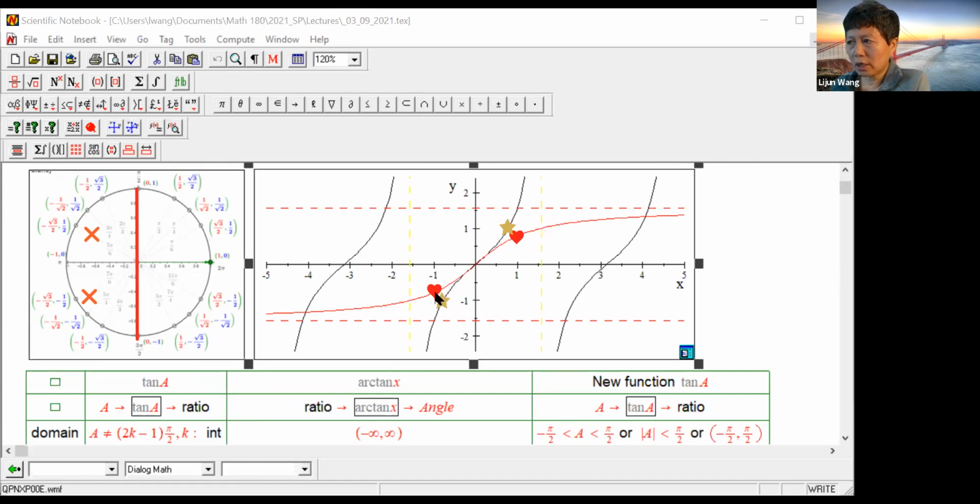The hearts are on the arctangent. The stars are on tangent.